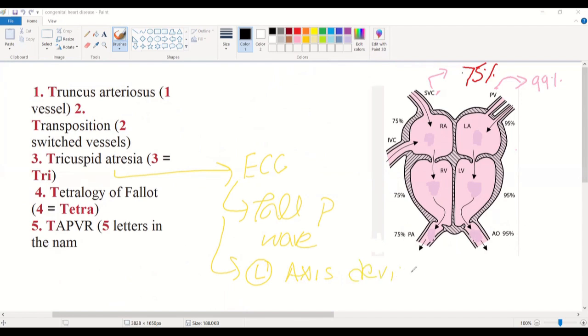Sometimes they give you the tall P wave ECG, where the P wave is comparable to the QRS complex, sometimes equal to the QRS complex. Tall P wave, this one.